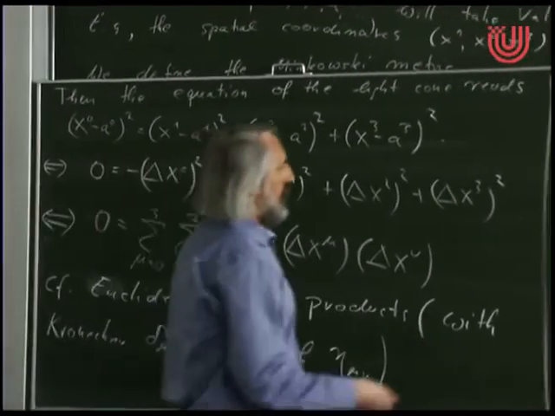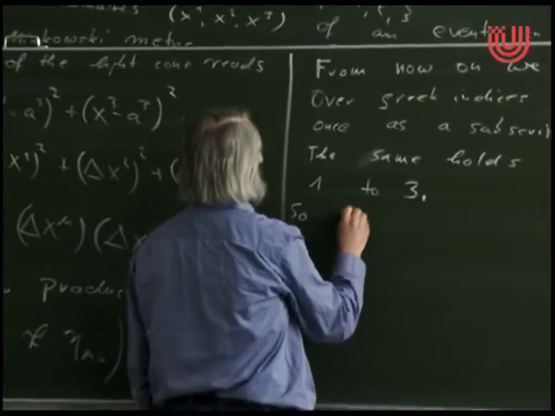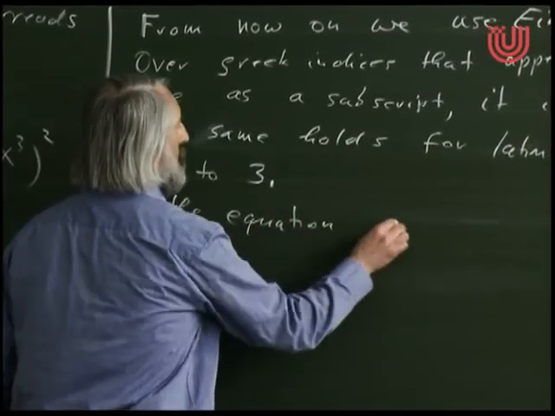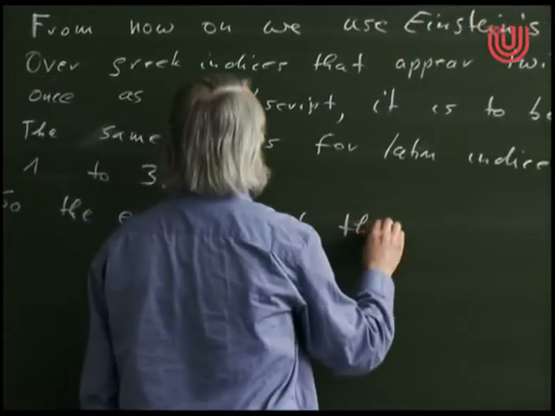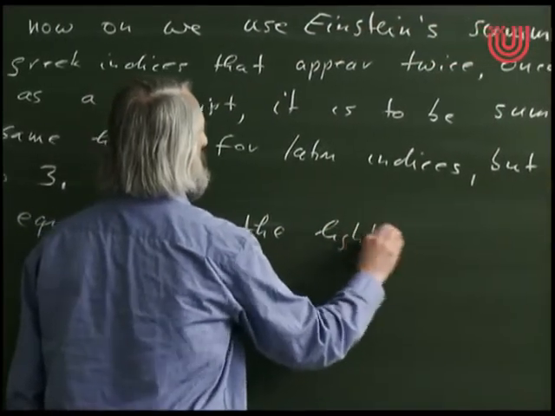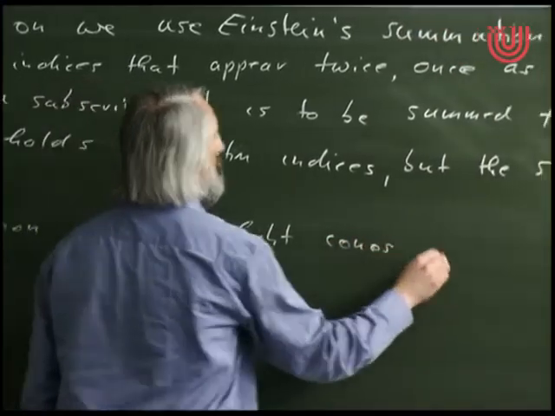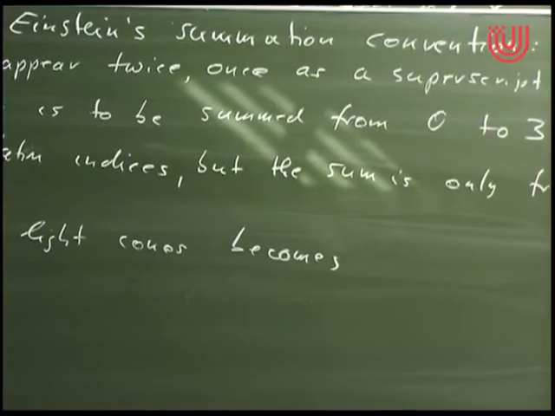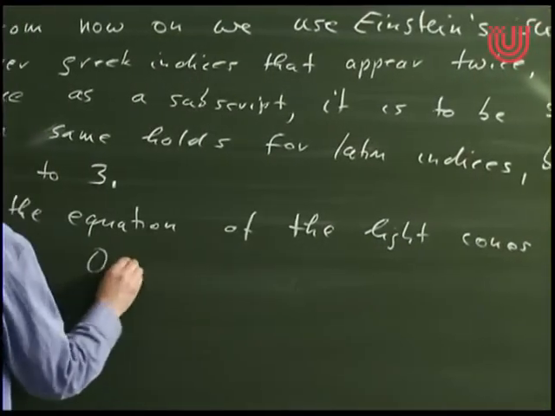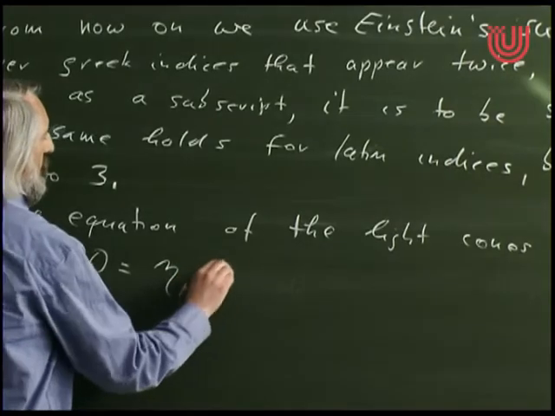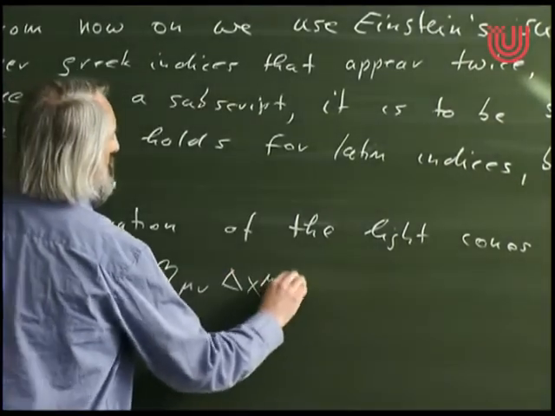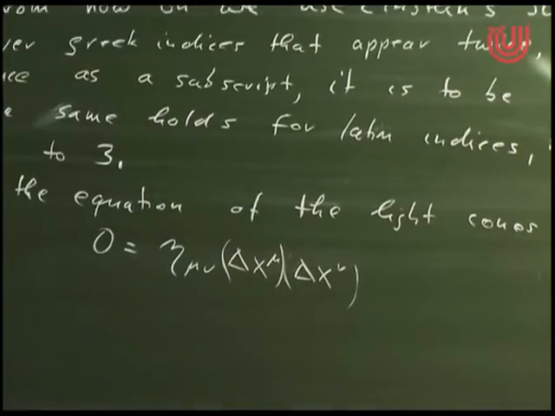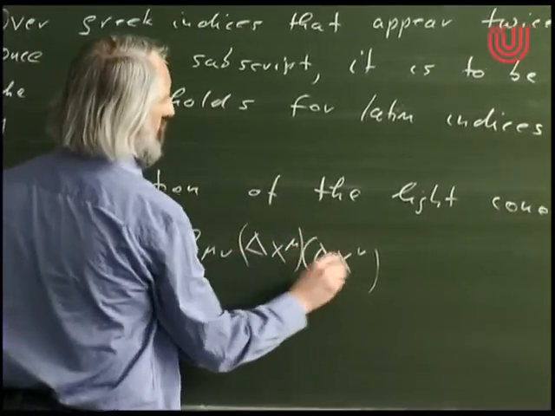So the equation for the light cone becomes what? It's this equation, but now written without the summation sign. So we simply write it in this way. Brackets are not absolutely necessary, just for clarity.